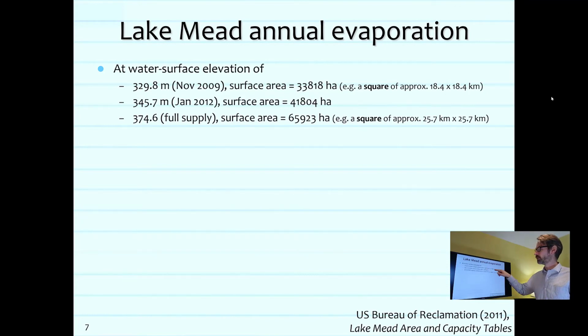If you want to imagine the size, this is a square of about 18.5 kilometers by 18.5 kilometers. At its full supply level, which is significantly higher, almost 375 meters, the surface area is about 66,000 hectares, or in other words, a square of about 25.7 by 25.7 kilometers. And so elevation makes a difference for surface area that's exposed to the atmosphere, which affects the amount of evaporation that occurs.